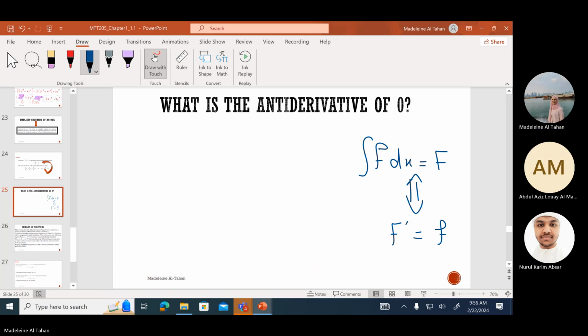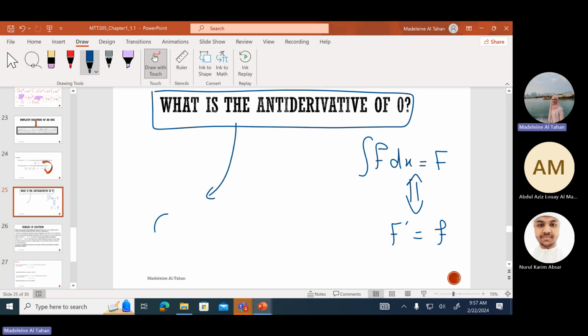If you tell me the antiderivative of zero is zero, it means the derivative of zero is zero, which is perfect. But what's the derivative of one? Zero. And the derivative of two? Zero. So what's the antiderivative of zero? C. It's a constant.